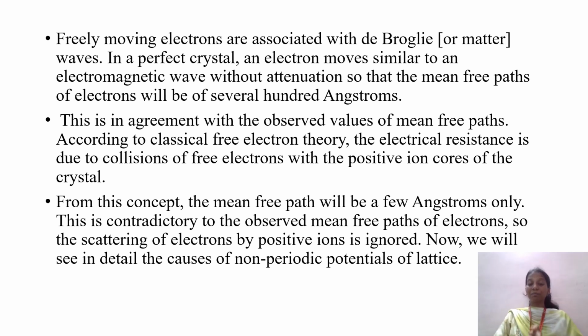According to the classical free electron theory, the resistance is due to the collision of free electrons with the positive ions, which causes the electric resistance. So now let us learn in detail the causes of the non-periodic potentials of the lattice.